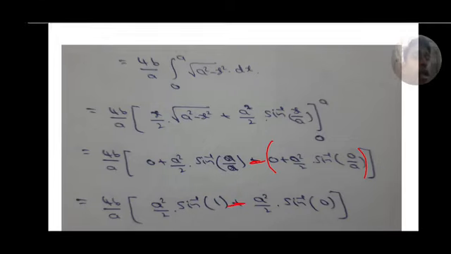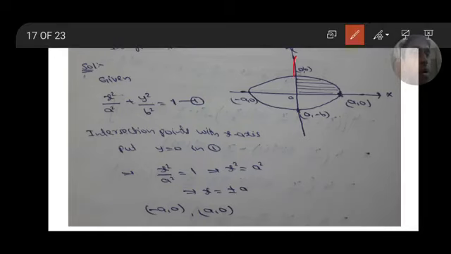If you observe, the ellipse is like this, and the required area equals 4 into the area in the first quadrant. In the first quadrant the limits are x equal to 0 to x equal to a.